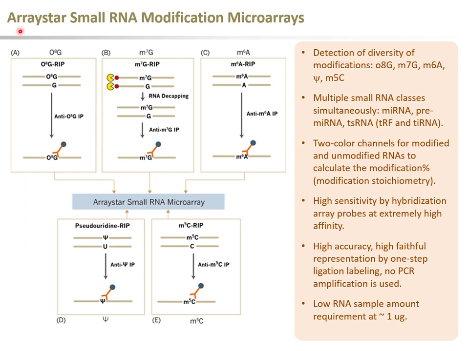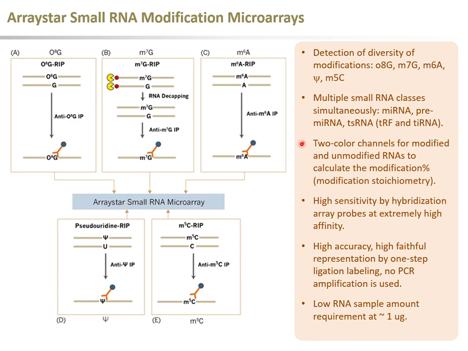Arraystar has developed small RNA modification microarrays to overcome many of the above limitations. By using specific antibodies against the modifications, a diversity of modifications, including O6mG, m7G, N6A, pseudouridine, m5C, are detected. With the modified and unmodified RNAs separately labeled with two color channels, the percentage of modification or modification stoichiometry of each transcript can be quantified.